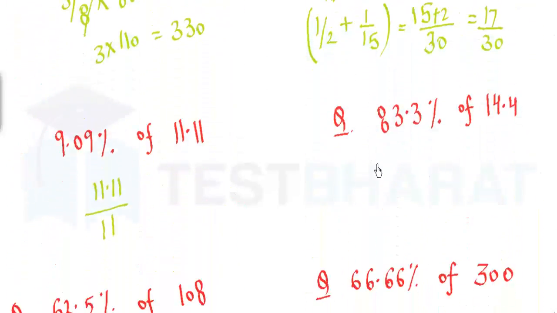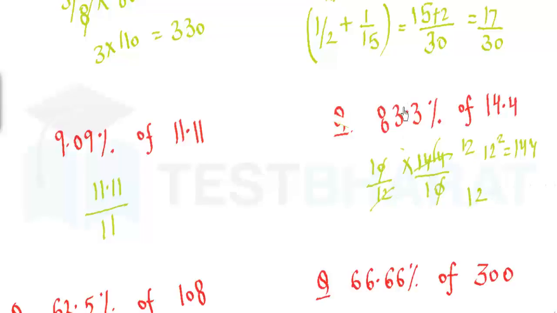So 83.3% will be 10 upon 12 into 14.4. So 10 by 12 into 14.4, and I know the square of 12 is 144. So here what I can do is remove the decimal and cut it, and my answer will be 12.